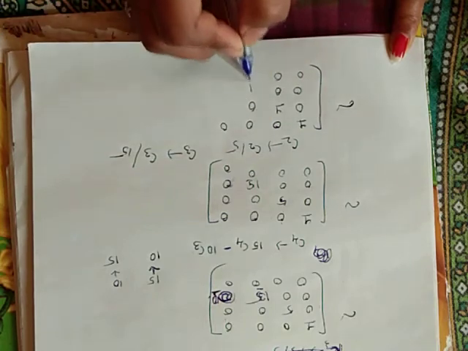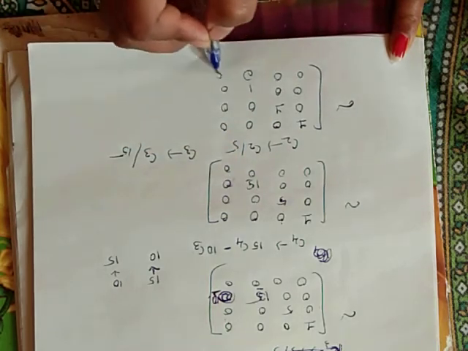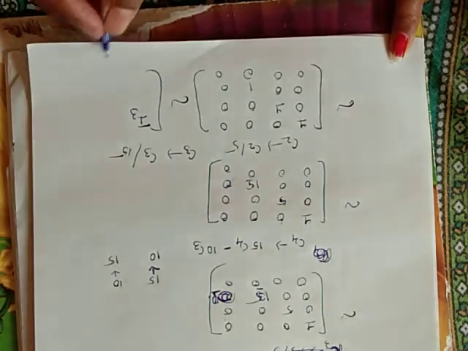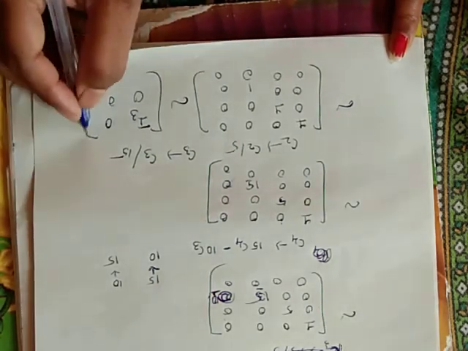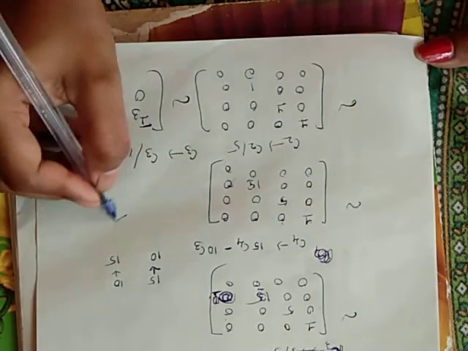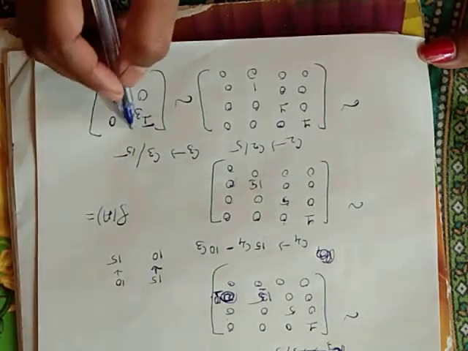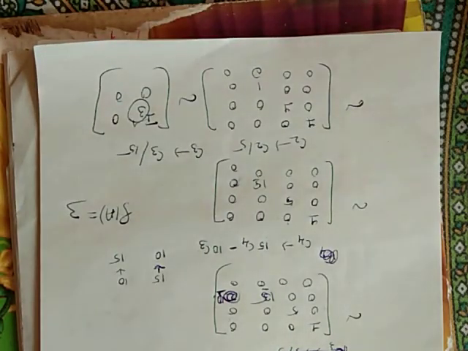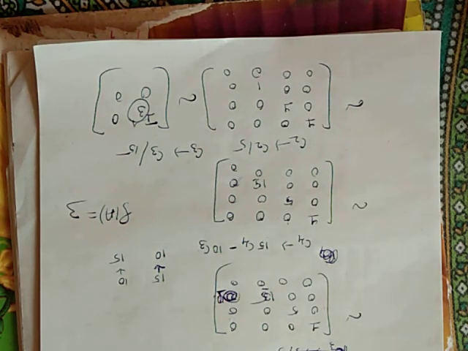Divide it by 15. So that is equivalent to I3 0 0 0. So rank of A equals the identity matrix of order 3, so rank of A equals 3. So that is the procedure of solving the examples by converting into a normal form.